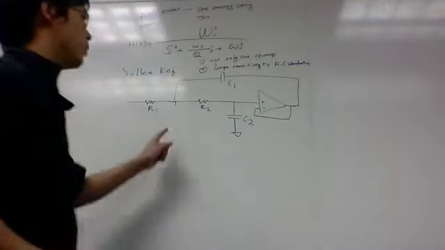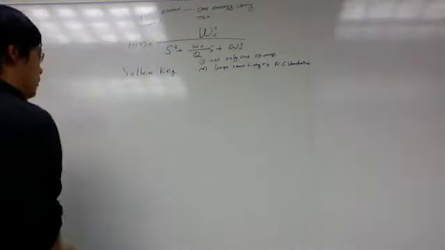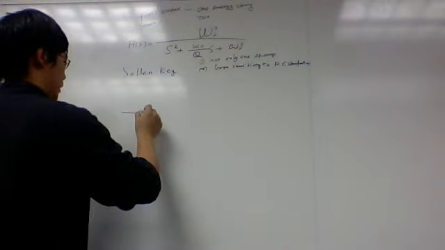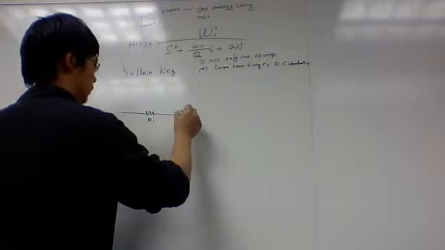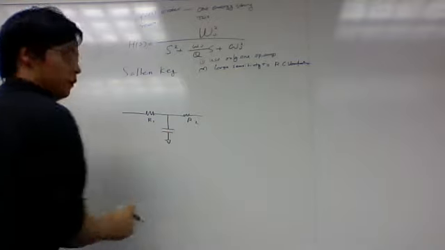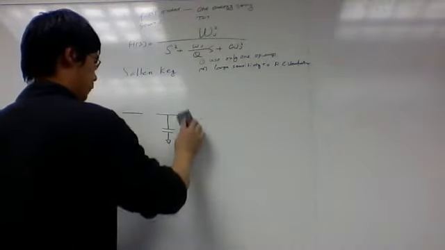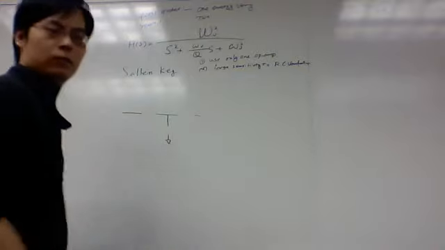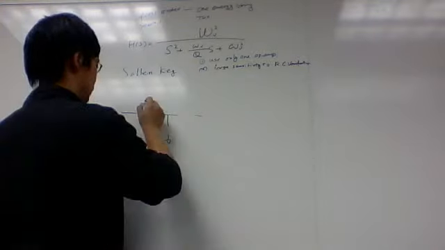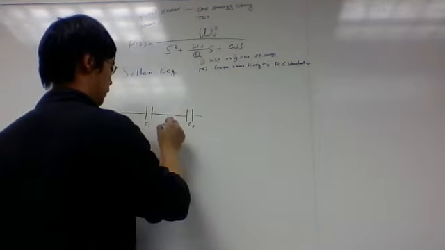Now, this is the Sallen-Key low pass, right? So we want to build a high pass. For the high pass, we swap the positions. So basically you'll have R1, R2, sorry, we swap this one. C1, C2, R1, okay?